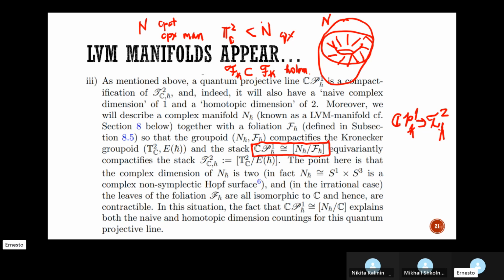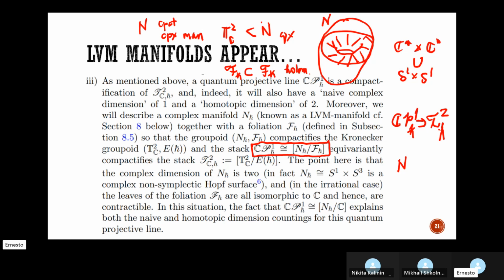In fact, for the classical Kronecker foliation in C star cross C star, that contains S1 cross S1, the thing I'm drawing, the manifold N that does this, in fact, the manifold is itself independent of H bar, the manifold N. It's independent of H bar.